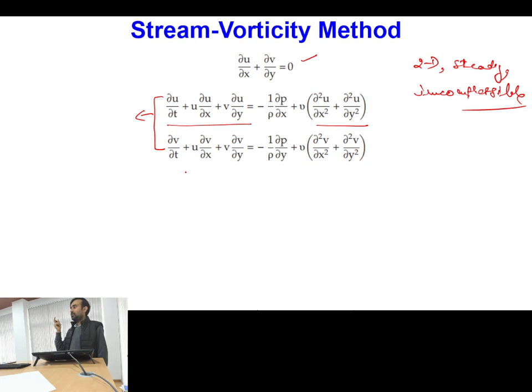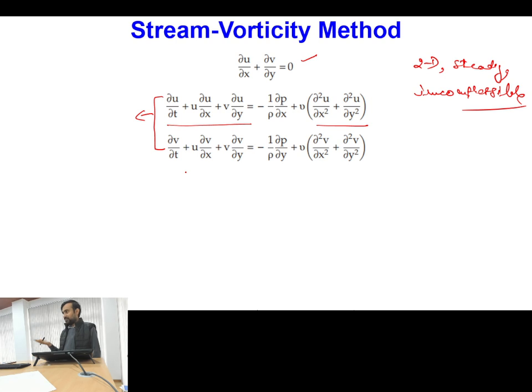Okay, so have you all studied this stream vorticity method, those who studied the course on CFD in your previous course? In the last semester you were having the course on computational fluid dynamics, so there you might have studied the stream vorticity method. Okay, and maybe to some extent if you were doing AFM, it might have been even discussed there as well.